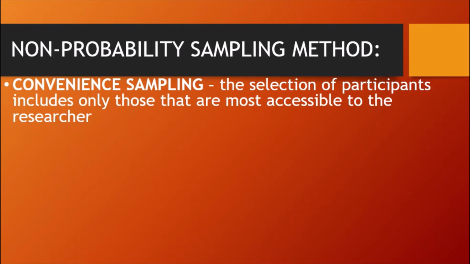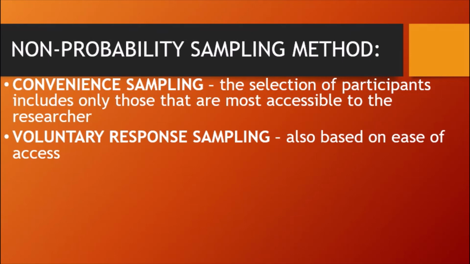The selection of participants includes only those that are most accessible to the researcher, those that can be easily found by the researcher, or those that are most convenient to get data from.